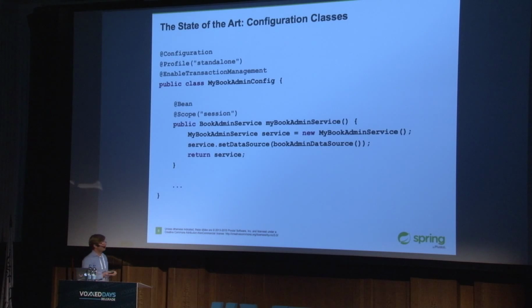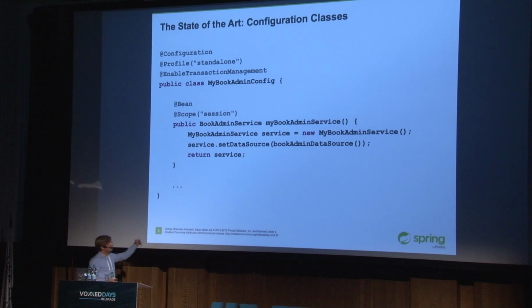It's a factory method, not really a lookup method, right? So it's only going to be invoked for the creation of a fresh instance that the container will then manage the lifecycle for. The factory method may be super trivial. It may just say like return new myBookAdminService, that's it. Or it may be a little bit more involved.